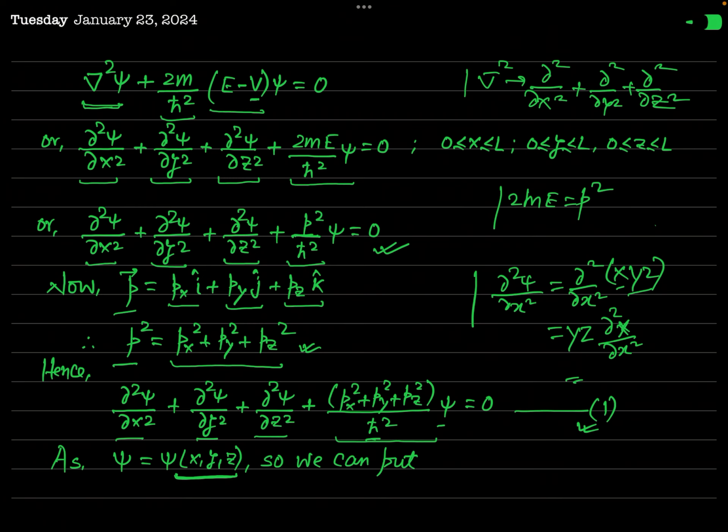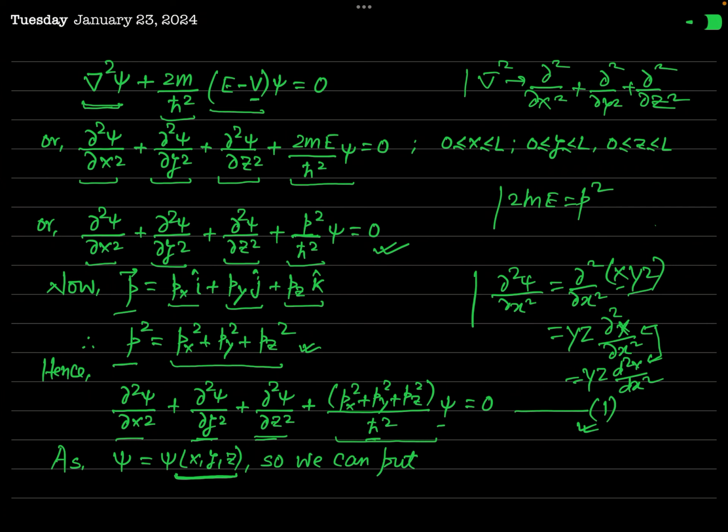So this partial derivative can be written as an ordinary derivative, because here capital X is a function of only one variable x, so there is no difference between this partial derivative and this ordinary derivative. So the first term becomes YZ times d²X/dx². In a similar manner, you can write the second term and the third term.